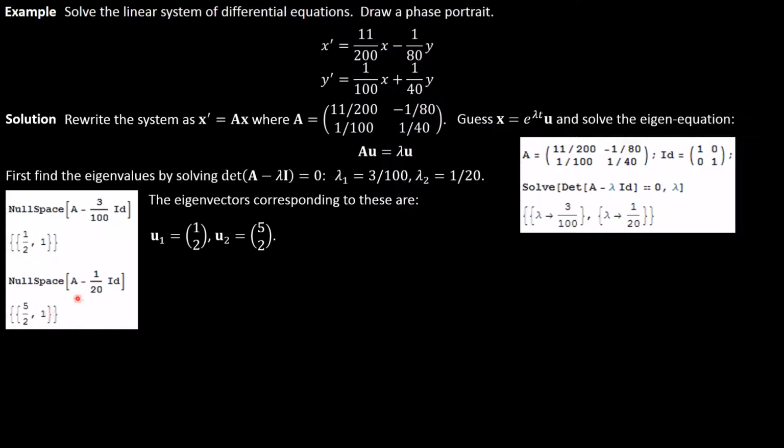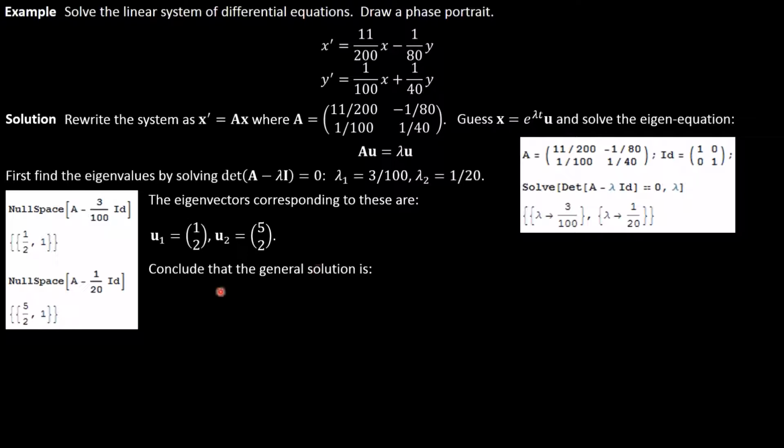So if I can have vectors with integer coordinates, I might as well use them. I multiplied these vectors by scalars, because it doesn't matter which eigenvector we find as long as we find an eigenvector. So these are both perfectly valid eigenvectors, 1, 2 and 5, 2.